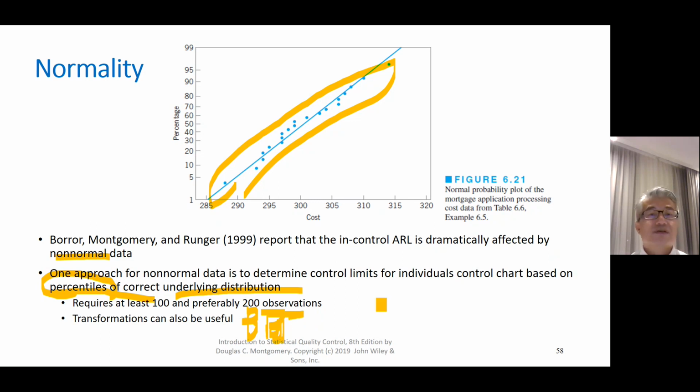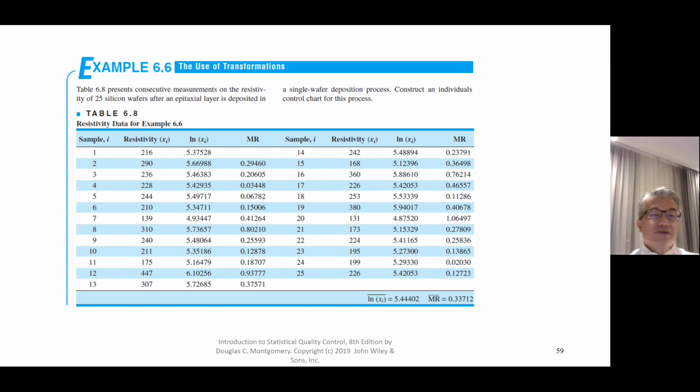So this table 6.8 represents consecutive measurements on the resistivity of 25 silicon wafers after an epitaxial layer is deposited in a single wafer deposition process, like CVD or PVD: chemical vapor deposition and physical vapor deposition.